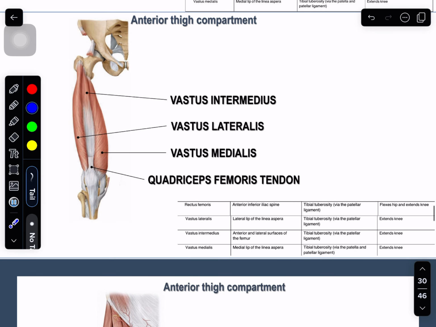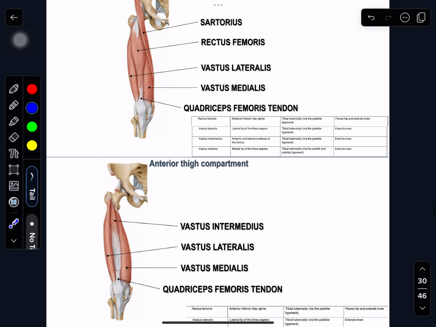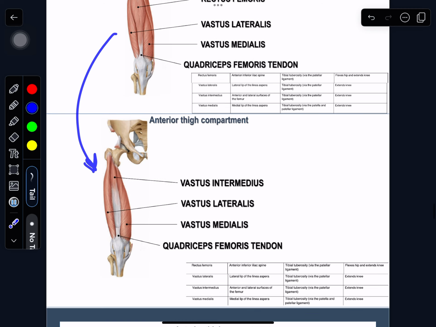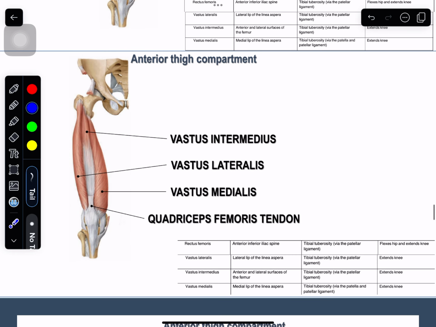So if we go to this next slide, assuming we've removed the sartorius muscle and the rectus femoris muscle, we can see the vastus lateralis and the vastus medialis just as clearly as we did before. Sandwiched in between those two vastus muscles, we can see the vastus intermedius muscle, which is here, and it's mostly tendinous.